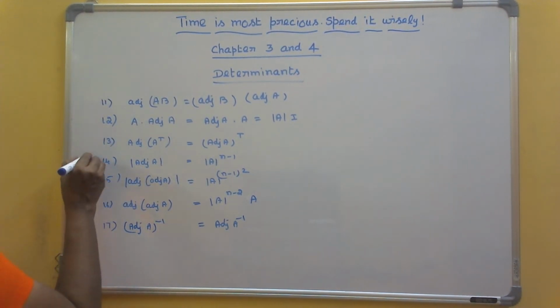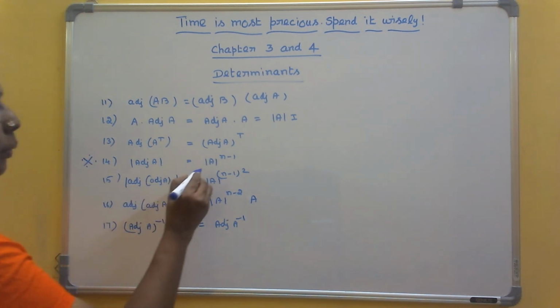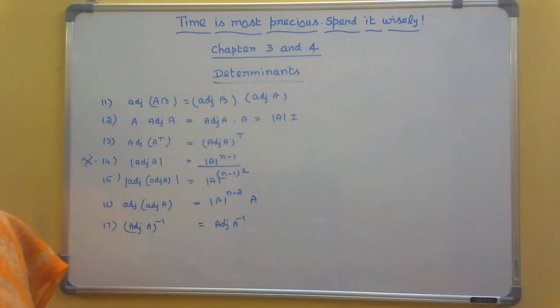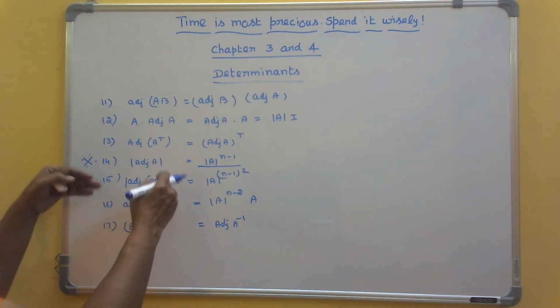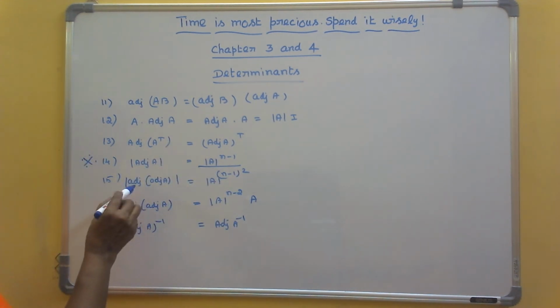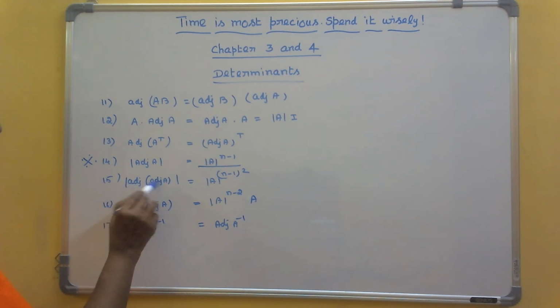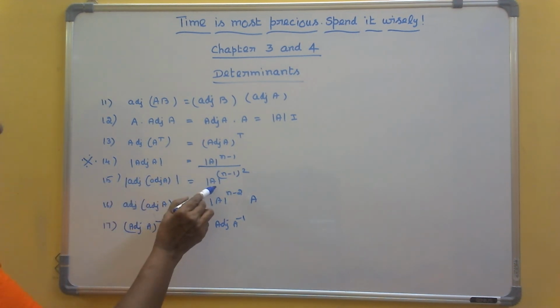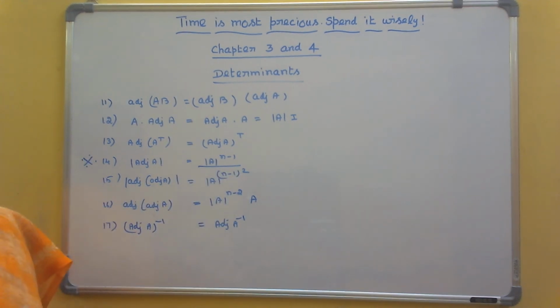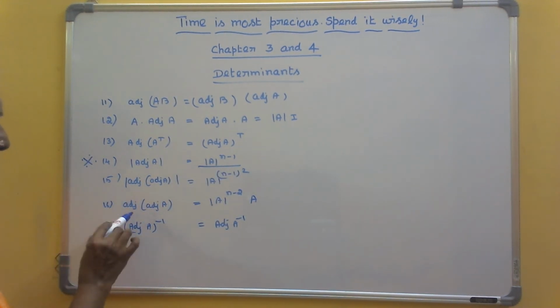Then the next one is very important. Determinant adjoint A will be equal to determinant A power n minus 1. Actually, the next is derived from that only. Determinant adjoint of adjoint A is equal to determinant A power n minus 1 the whole squared. Here there is no determinant.